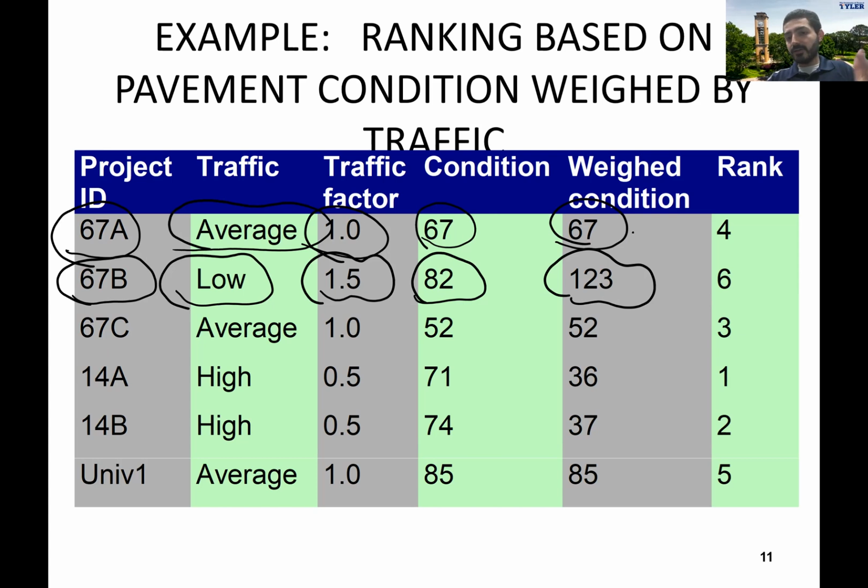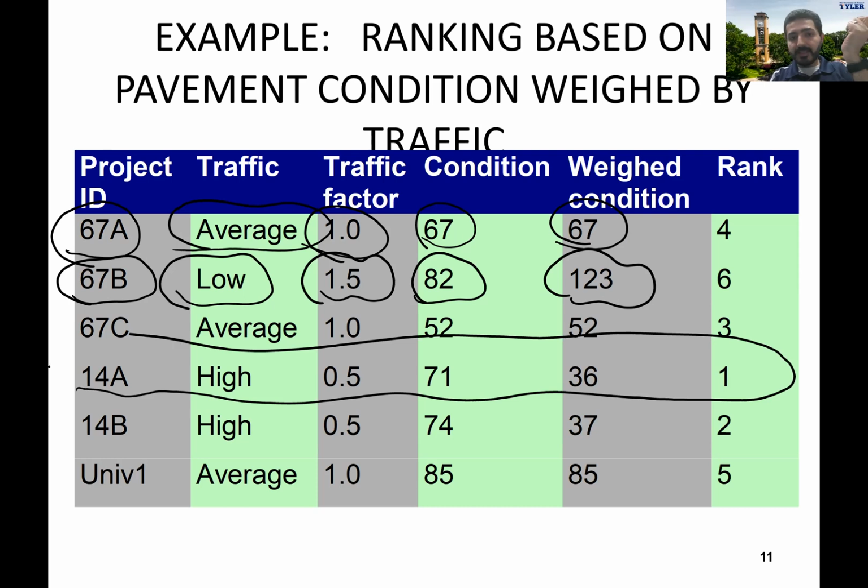So now the ranking is different. All of a sudden we have 14A ranked number one with the highest priority, simply because the condition is 71, but the traffic is so high that it's bringing the number down to 36. That's even lower, so it's now ranked number one.